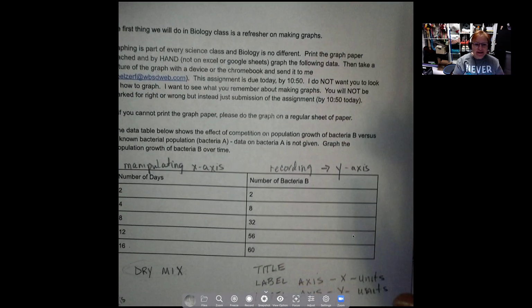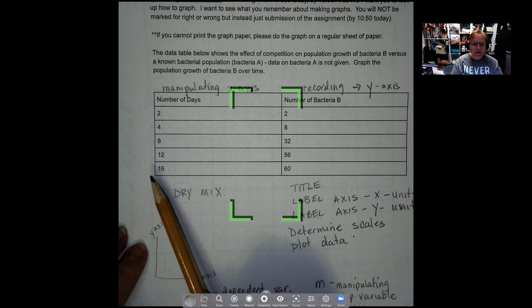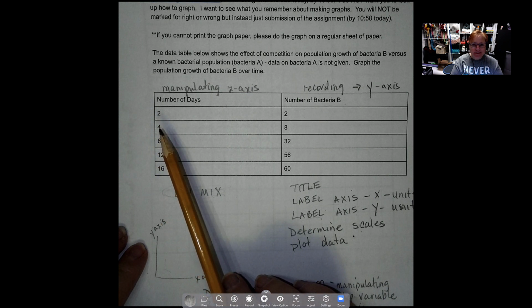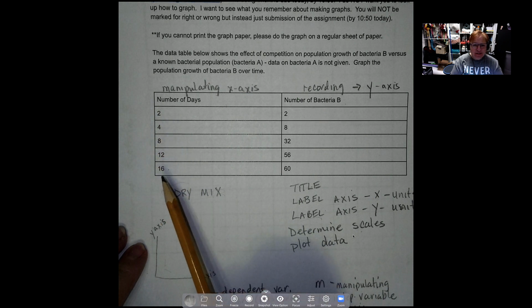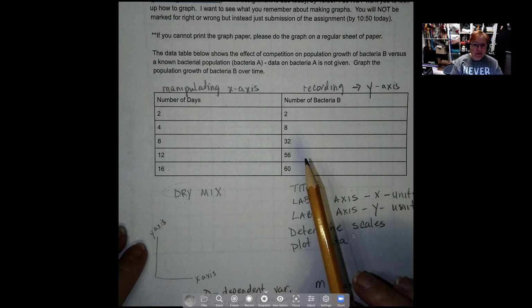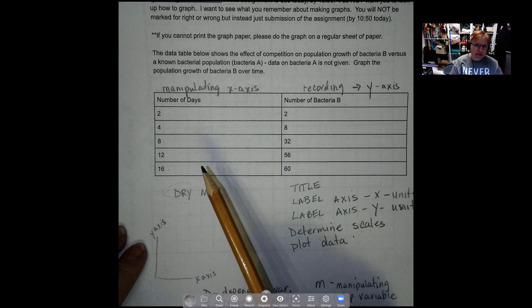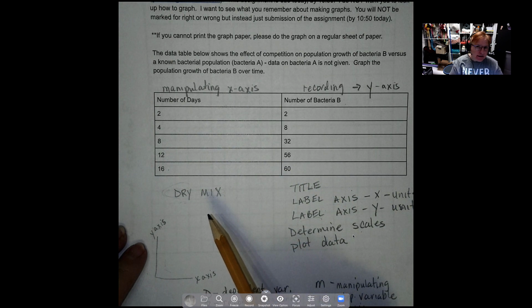When I look at the data, the first thing I see is, oh, this only goes up to 16. If it's a small number like that, I just see if I have enough lines. There is a really formulaic way of doing it, and I'm going to teach you that. But sometimes I just look at the numbers and go, is it easy already?